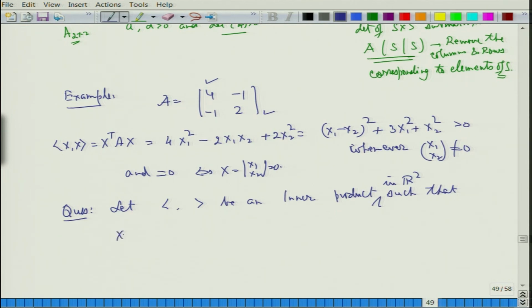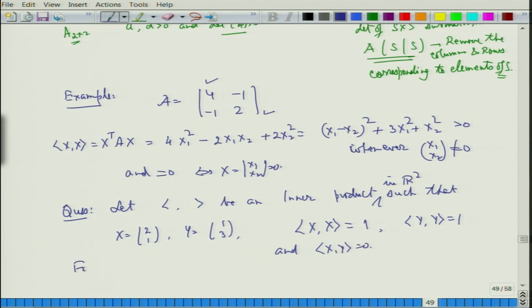So let me write x as (2, 1), y as (1, 3), all right, such that the length of x, I have not yet defined what the length of x is, but anyway, such that x comma x is, say, 1, y comma y is 1, and x comma y is 0, all right.